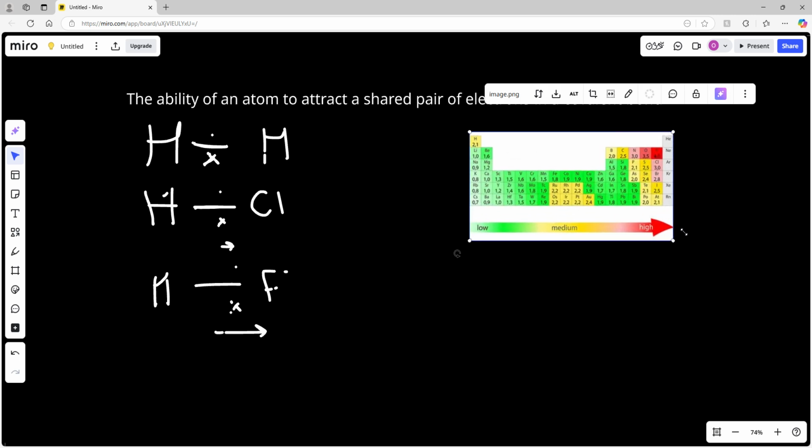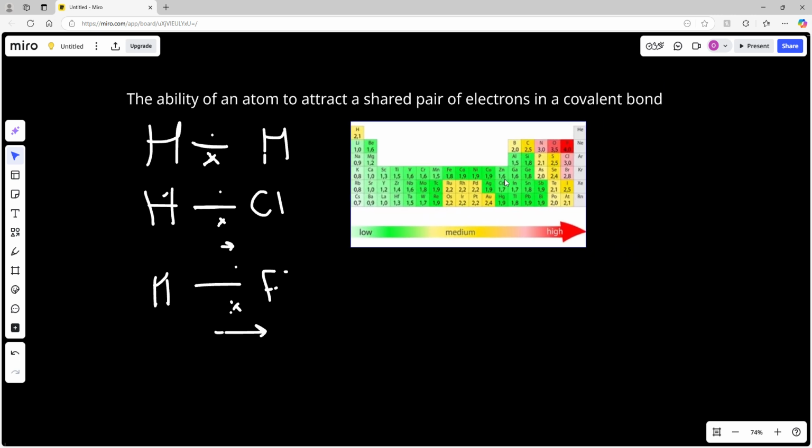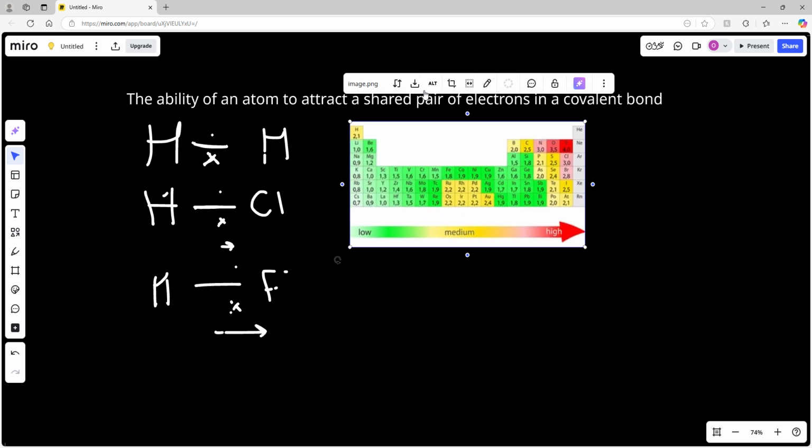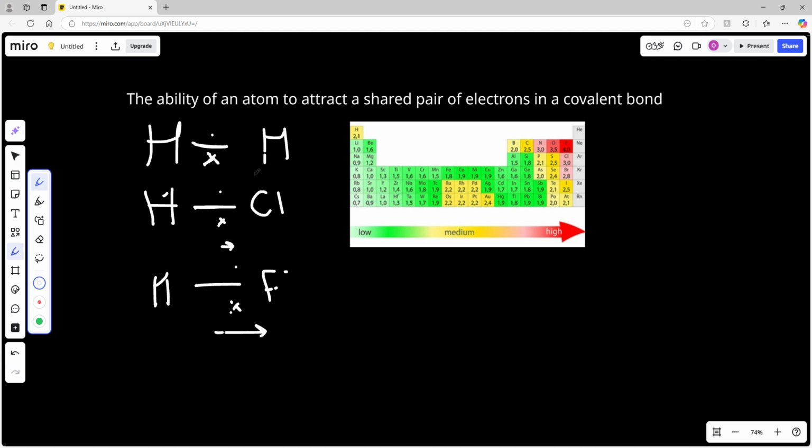I'm going to bring up a table now and we're going to explore why that is. Here are some values. We can see that fluorine, as I said before, is more electronegative than chlorine, and therefore hydrogen. So electronegativity increases up the group, and it also increases across the period, roughly.